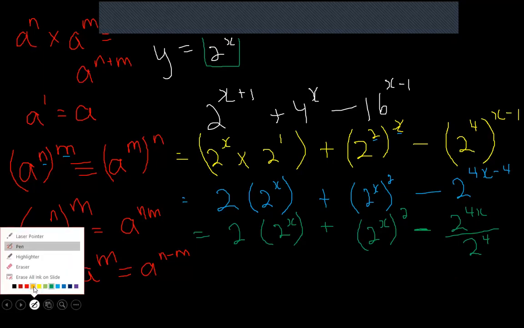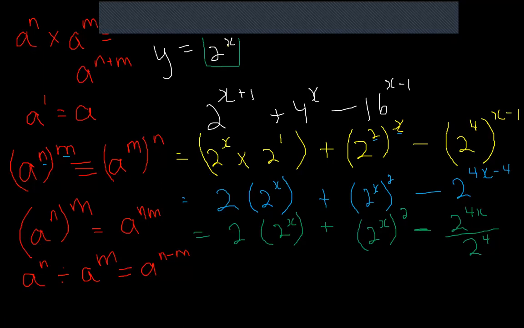But remember the aim is to write it like this, 2 to the power of x. And we didn't reach there yet. 2 2x plus 2x squared. Our aim is to write this like this.